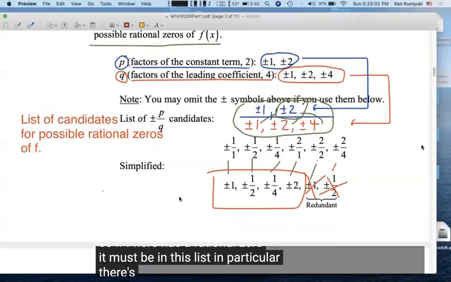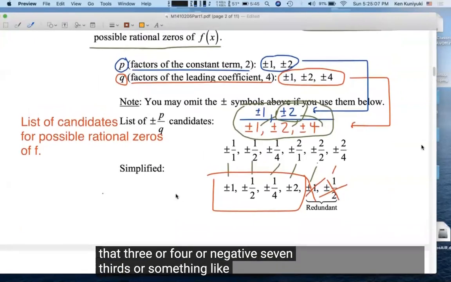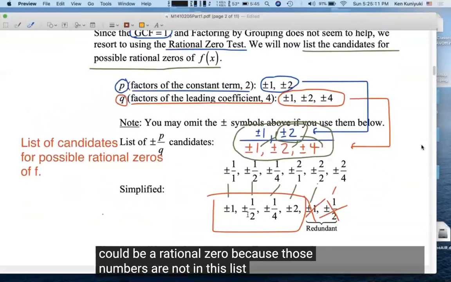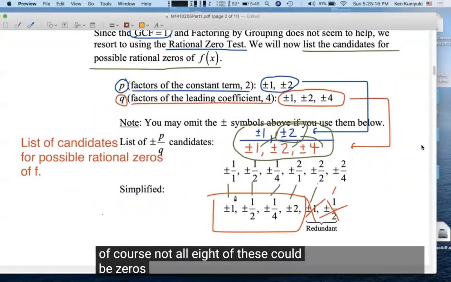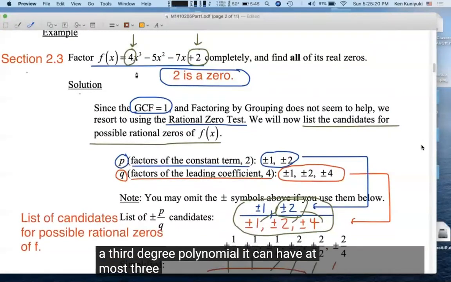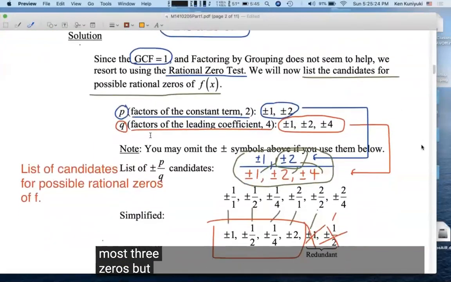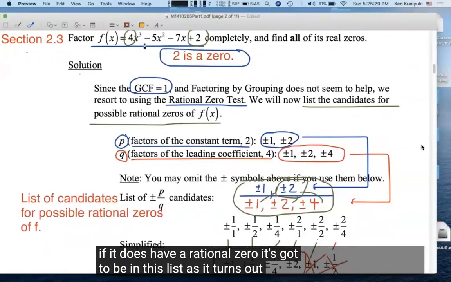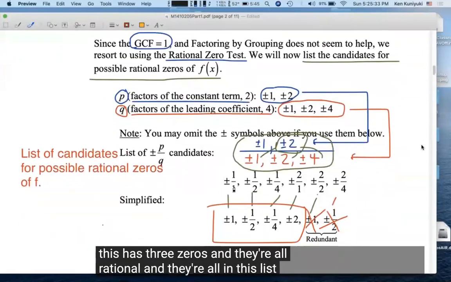In particular, there's no way that 3 or 4 or negative 7/3 or something like that could be a rational zero because those numbers are not in this list. Of course, not all 8 of these could be zeros because it's only a third degree polynomial. It can have at most 3 zeros. But if it does have a rational zero, it's got to be in this list. As it turns out, this has 3 zeros, and they're all rational, and they're all in this list.